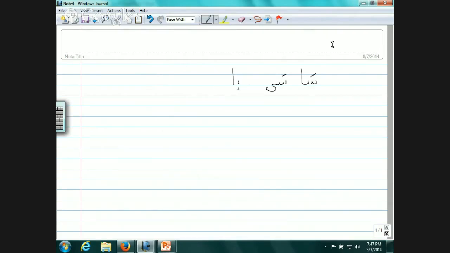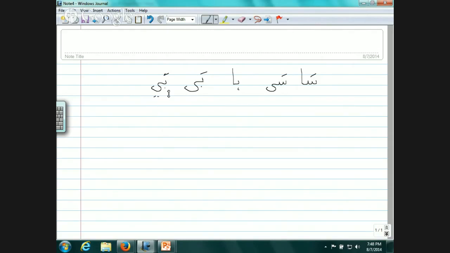So if I write this, how do you pronounce this? I'm not even going to tell you what vowels are on there. How do you pronounce this? Ba. Can it be anything else? It's the only thing it can be. How do you pronounce this? Ba. How do you pronounce this? B. How do you pronounce this? Bay. Good.